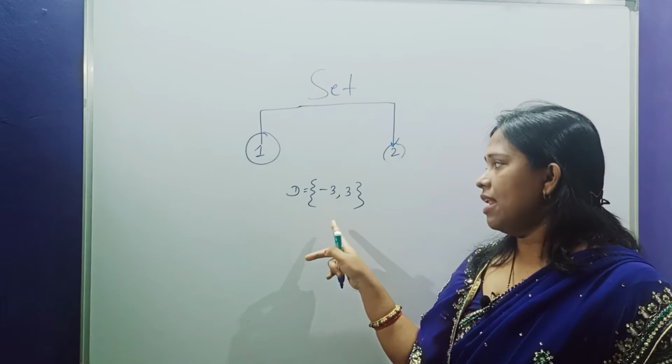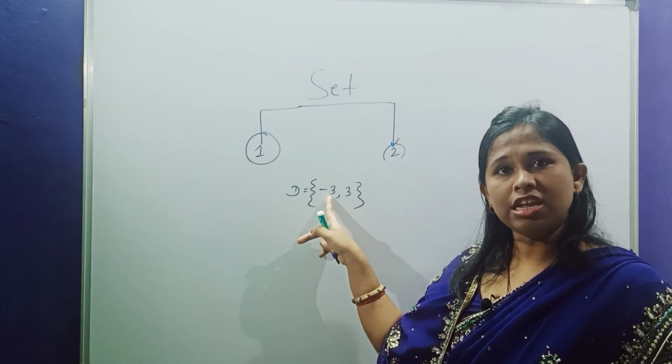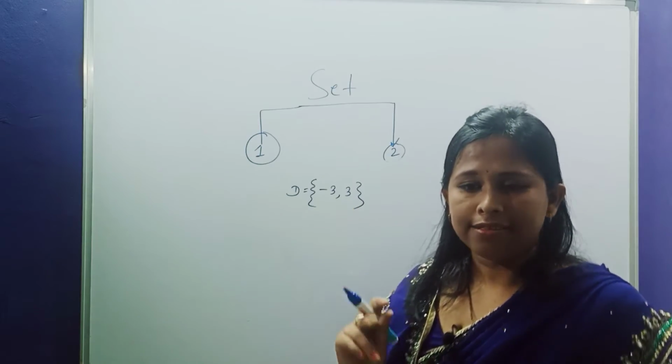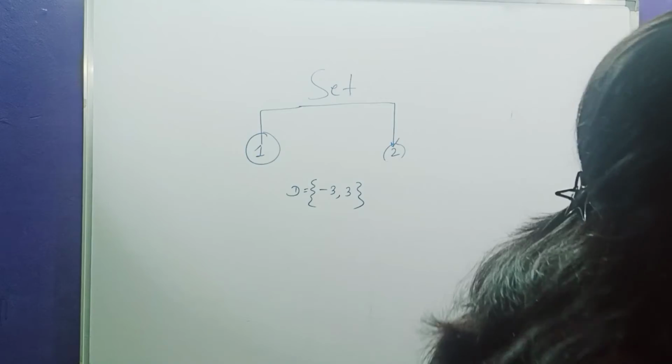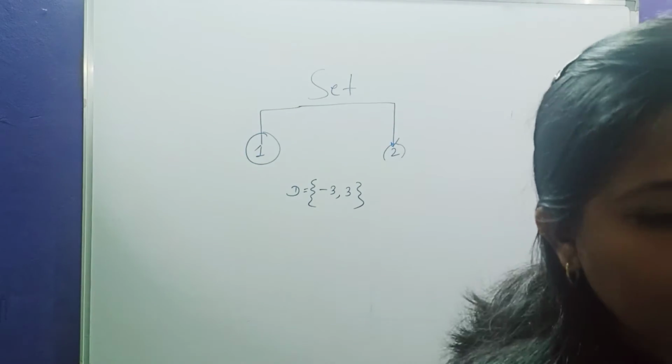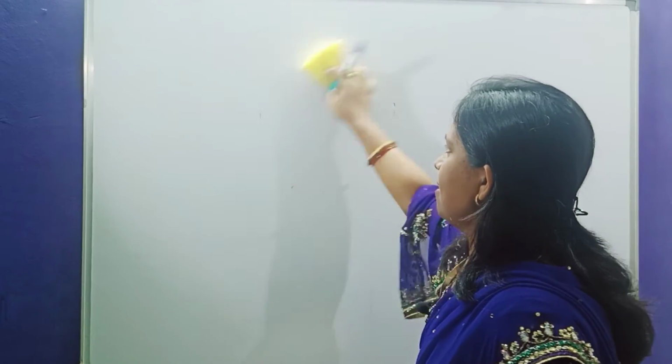Yes. If I am telling x square is equal to 9, then x value must be -3 and 3. Next, we will discuss some questions of the exercise. This is I am discussing class 9 CBSE set theory.